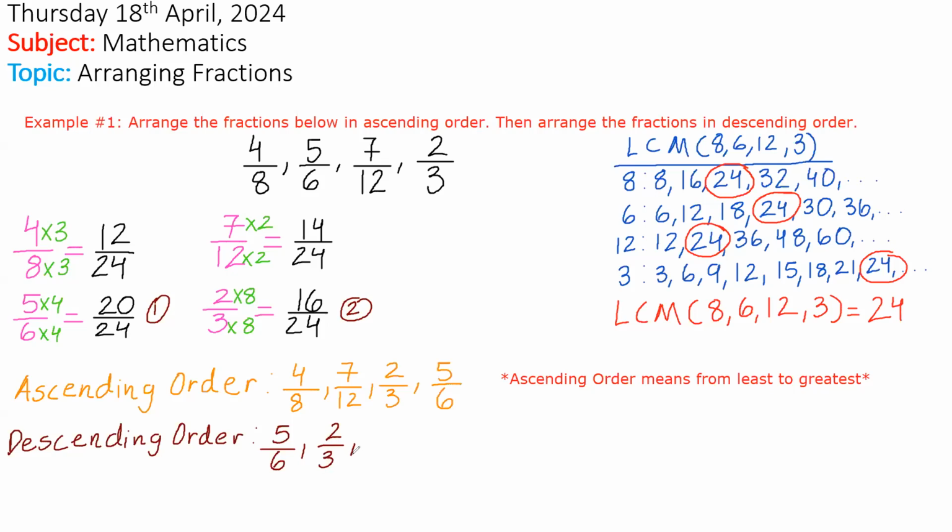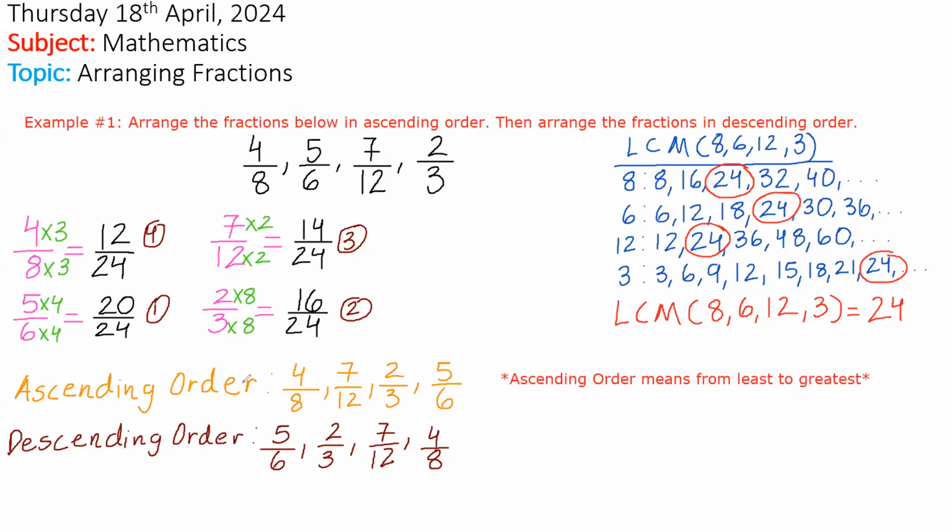And then we have the third one. The third highest is going to be 7/12, which is 14/24. And which one is the smallest? The fourth one, 4/8. Very good. So in ascending order, it's 4/8, 7/12, 2/3, 5/6.